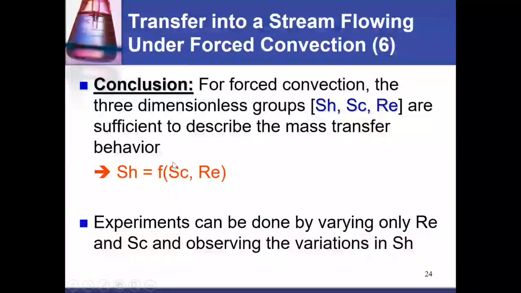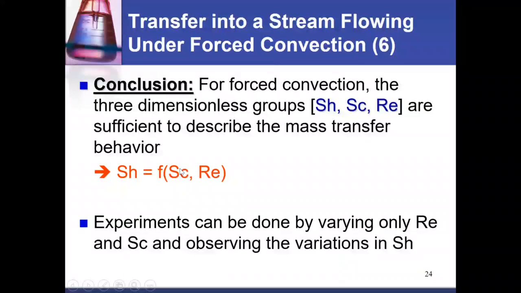Now I can go to the laboratory and conduct experiments by varying Schmidt number and Reynolds number only. Of course, when you change Reynolds number, you have to change either the density, the velocity, the diameter, or the viscosity. And for Schmidt number, you change the diffusion coefficient, the viscosity, or the density.